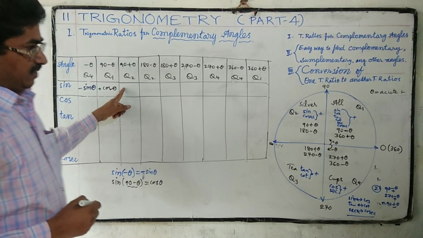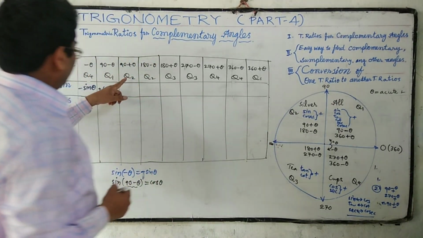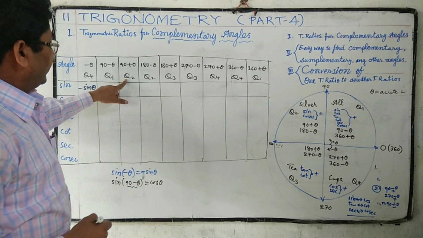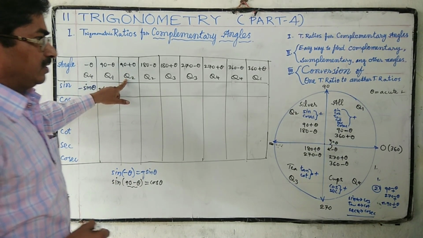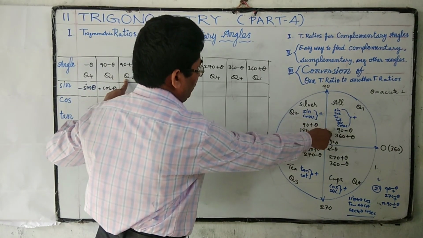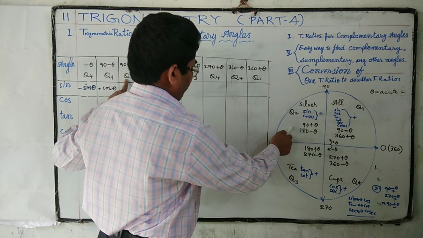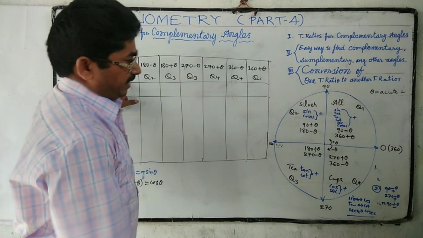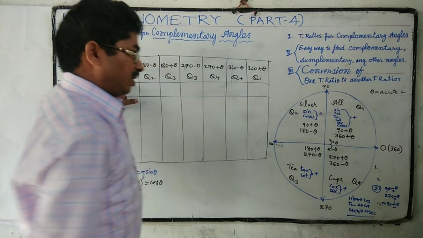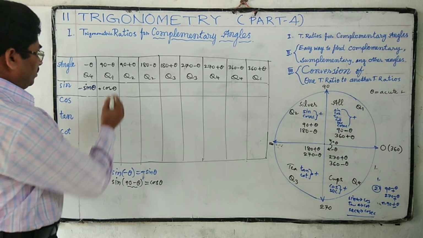Next, sine 90 plus theta. 90 plus theta is which quadrant? Second quadrant. All silver. So in the second quadrant, sine is positive. So here plus only.